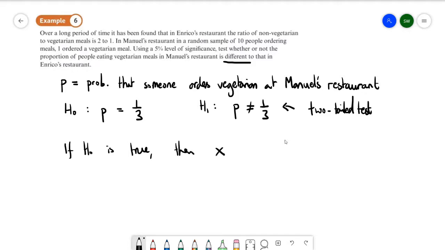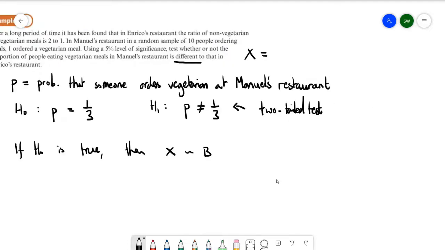then x would follow a binomial. Well, we should probably define what x is first. So the data that we're getting in order to test this is out of a sample of 10, how many people ordered vegetarian meal. So let's say our random variable x is the number of veggie meals out of a sample of 10.